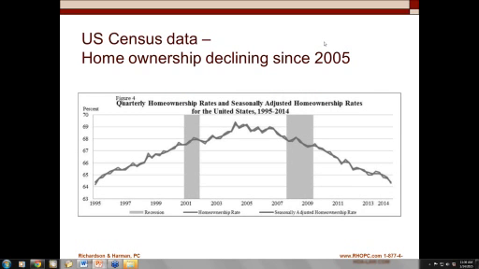There we go. The slide is from the United States Census, and you can see that home ownership was advancing until about 2005, from 64% up to about 69.5%. But what we've seen since then is a steady decline in home ownership across the United States until 2014. As you can see, we're down to, once again, about the level we were in 1995.